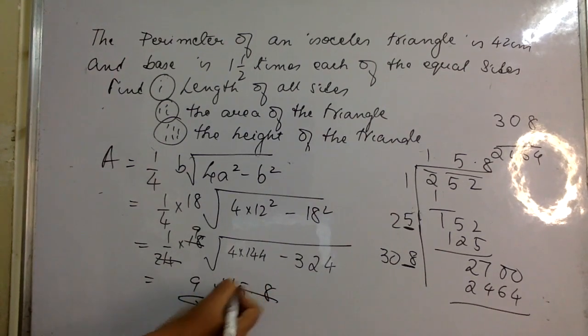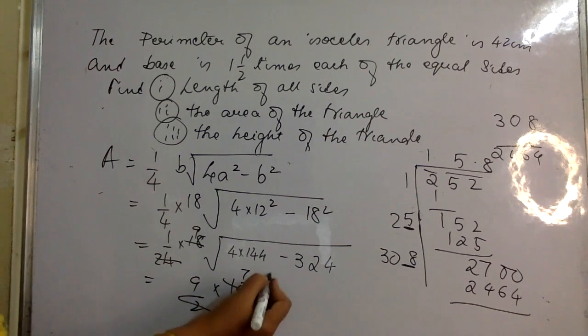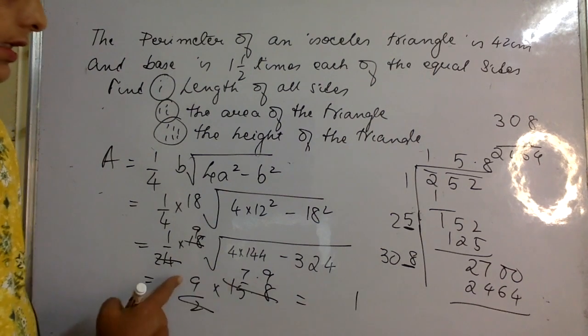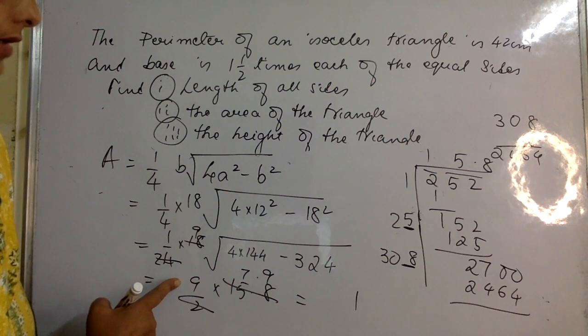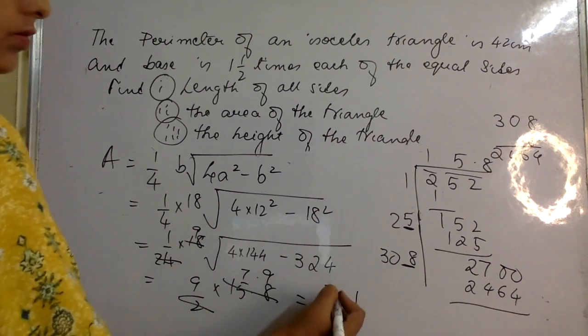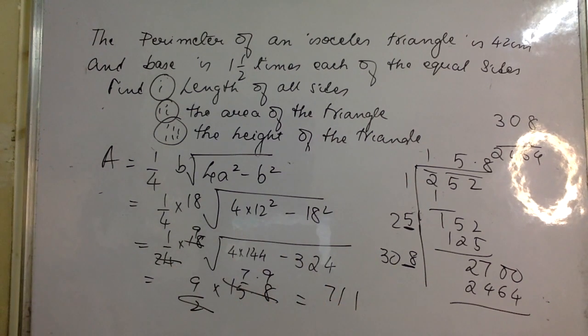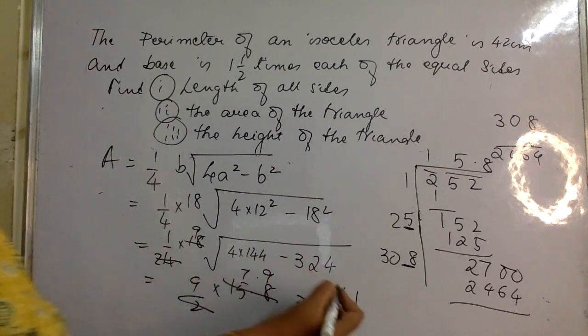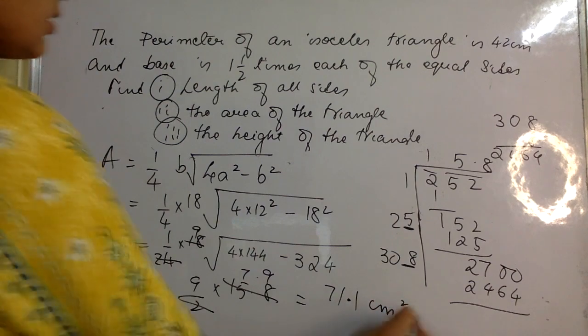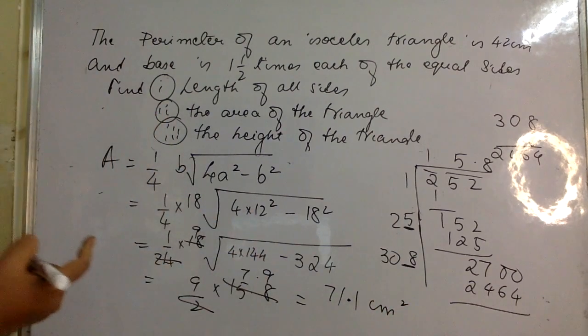That is 2. 7s are 14, 9 9s are 81, 7 9s are 63. 63 and 8 gives me 71. Okay. So I am getting 71.1 centimeter square. That is the area of the triangle.